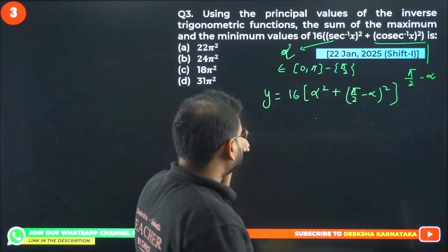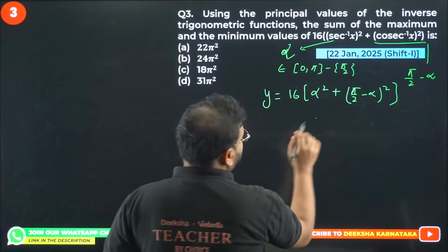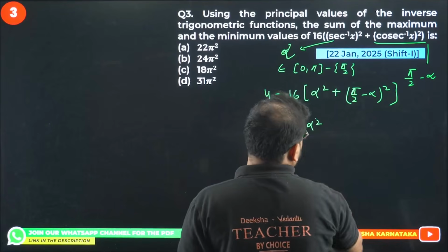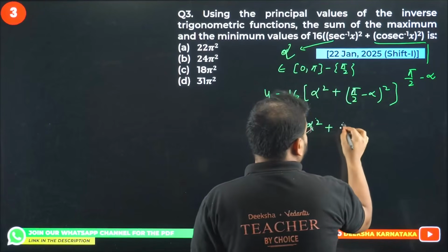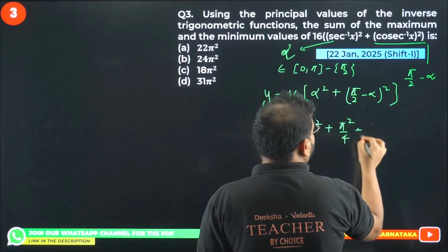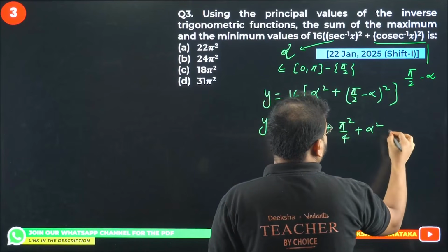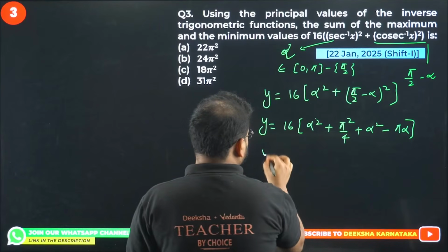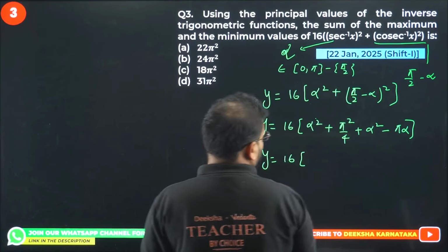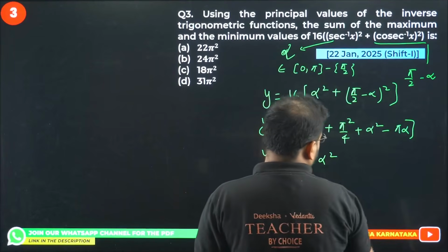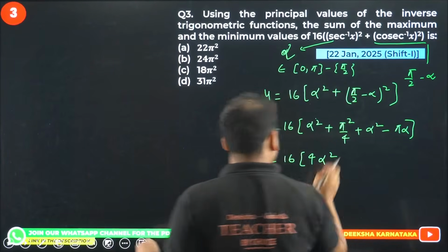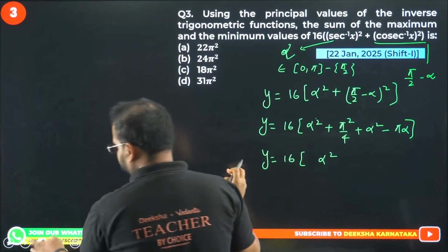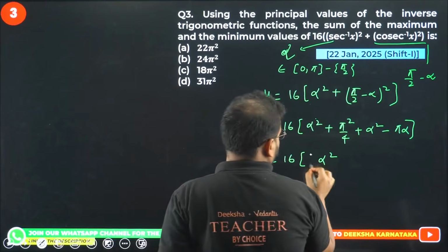Great. So we have alpha square plus, okay, let's expand this. So we get y equals to 16 alpha square, the variable is alpha over here, and I get pi square by 4 plus alpha square minus pi alpha. Okay, simplifying things, I'll have 8 alpha square, because we have two places with alpha square, right?